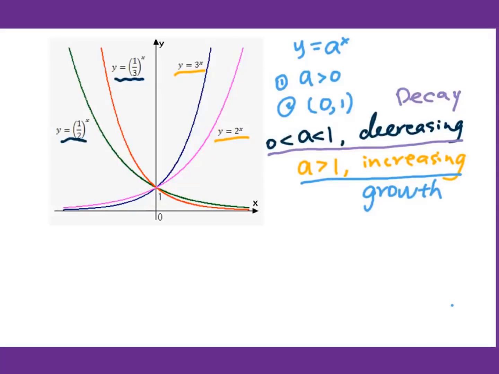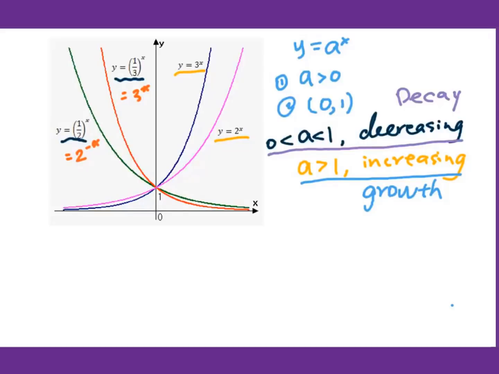And I can rewrite 1 over 3 as 3 to the negative first power, so 3 to the negative x power. And for 1 over 2 to the x power, I can write down 2 to the negative x power. It's the same.